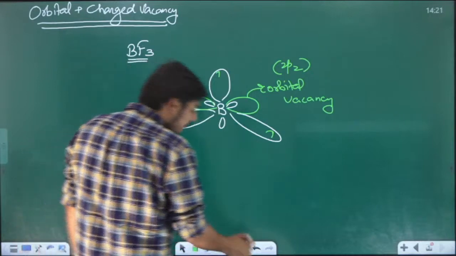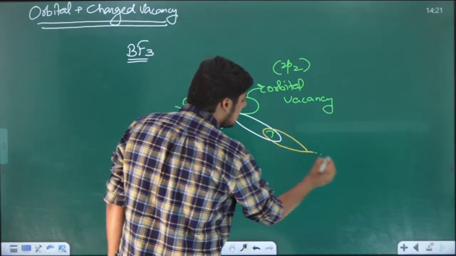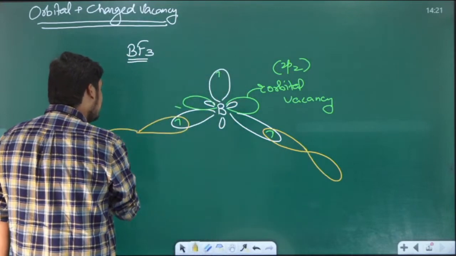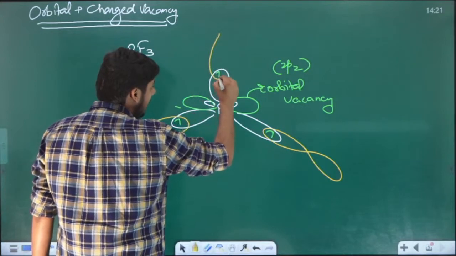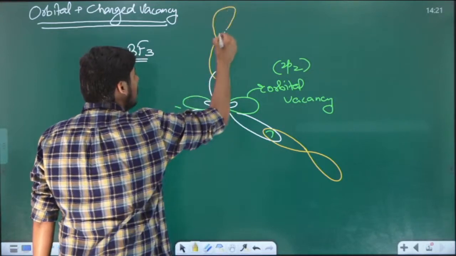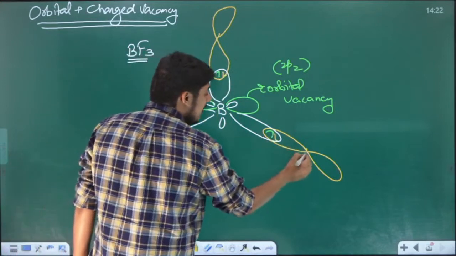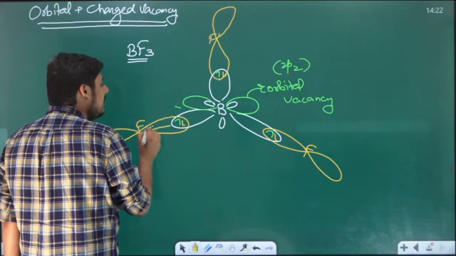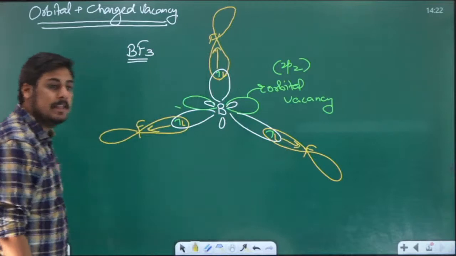Now if fluorine comes and starts forming a bond with this boron atom, what we will clearly visualize is that fluorine is highly electronegative, and due to the high electronegativity of fluorine, this bonded pair of electron density will be more attracted towards fluorine rather than towards boron.